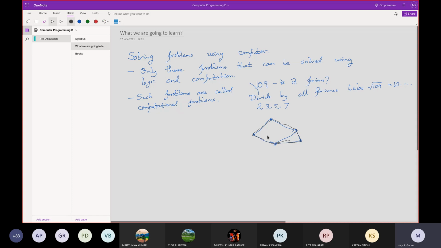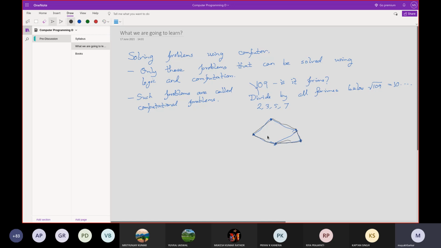And if we think properly, most of the problems in our real world either have a corresponding computational problem counterpart, or are themselves computational problems, or at least can be converted into a computational problem counterpart.